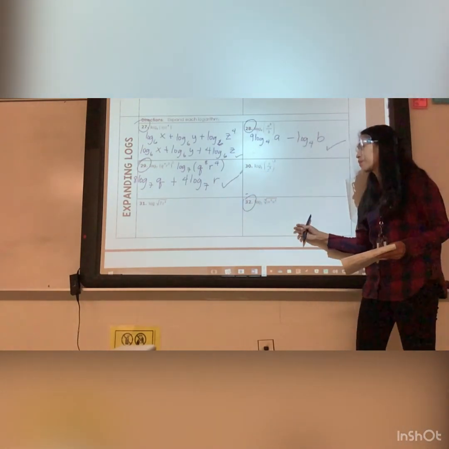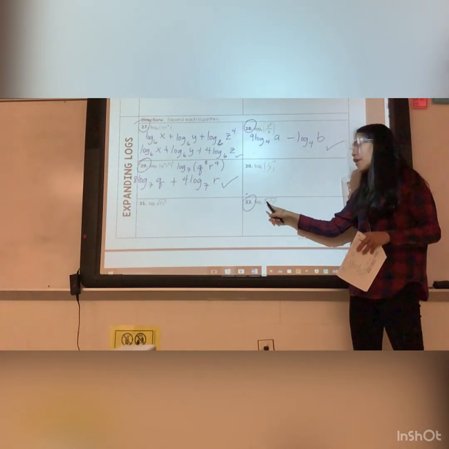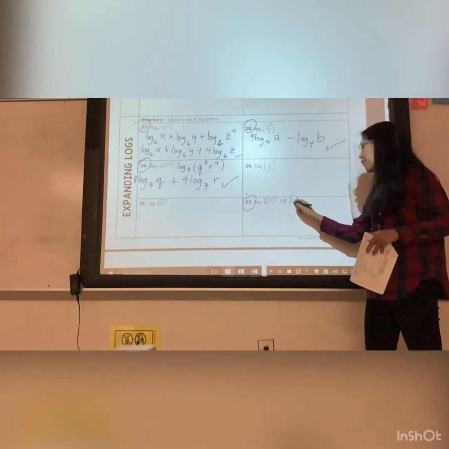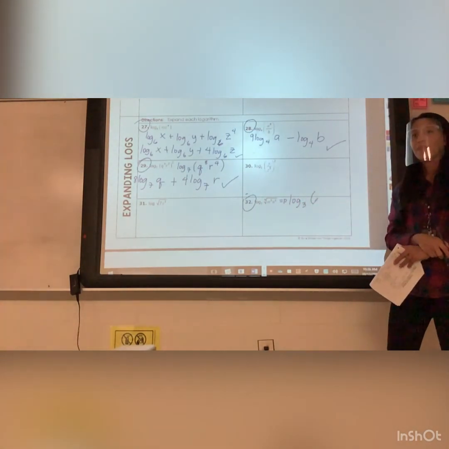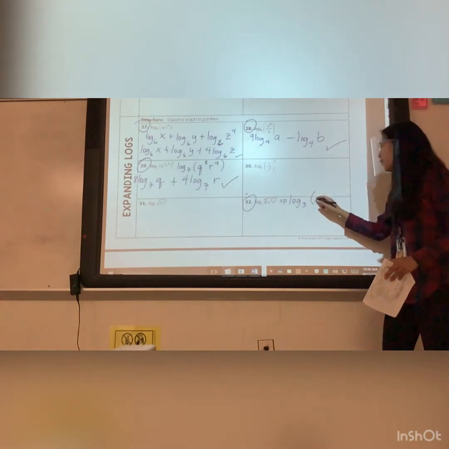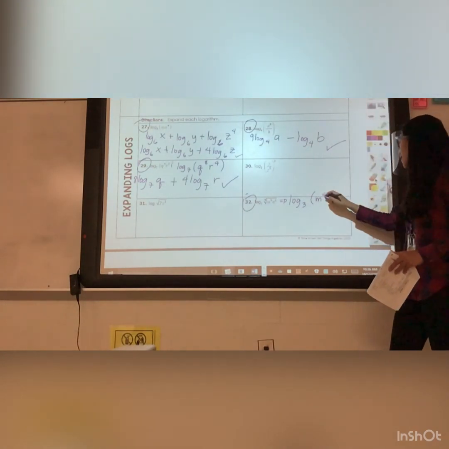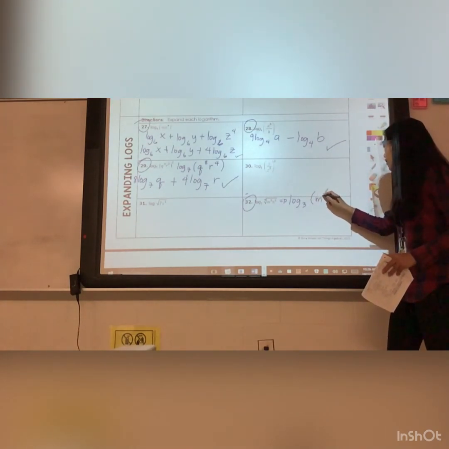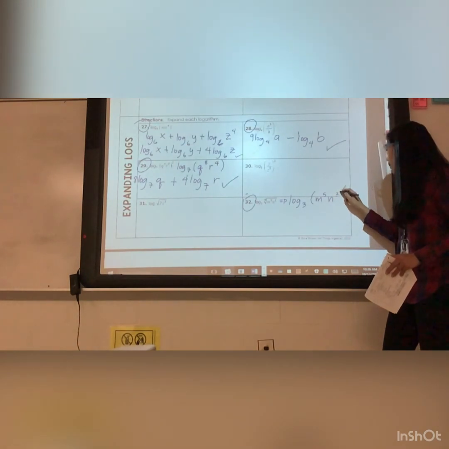Last one. Before you expand, you can remove the radical sign first. So this is how you are going to set it up. Okay? So you have your log base 3, parenthesis, the value of your m to the 5th, sorry, it's m to the 5th, and then n to the 2nd power.